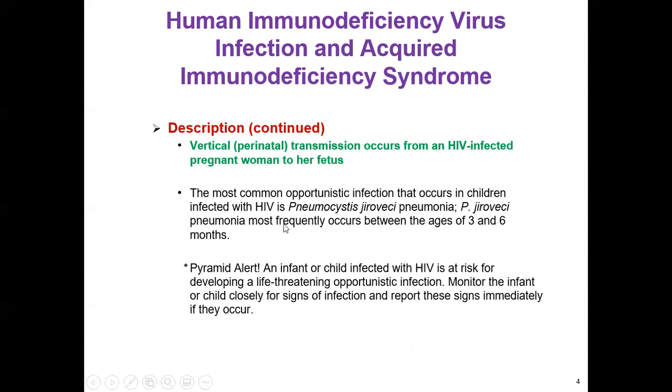Pneumocystis pneumonia most frequently occurs between the ages of 3 to 6 months. And pyramid alert means an infant or child infected with HIV is at risk for developing a life-threatening opportunistic infection. Monitor the infant or child closely for signs of infection and report these signs immediately if they occur.